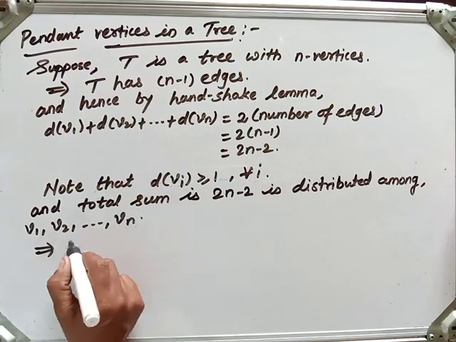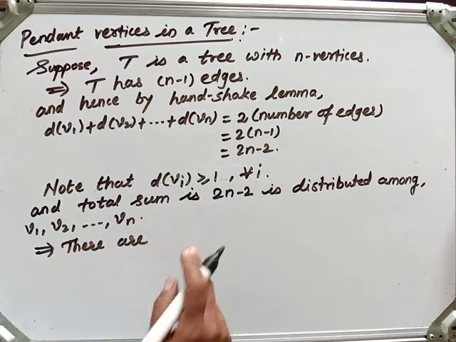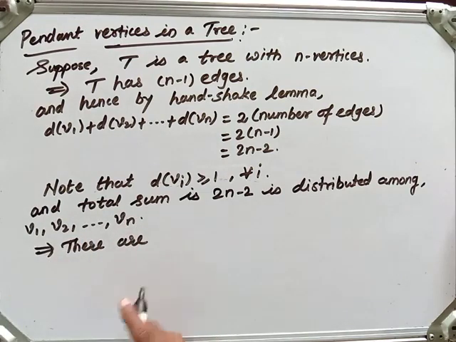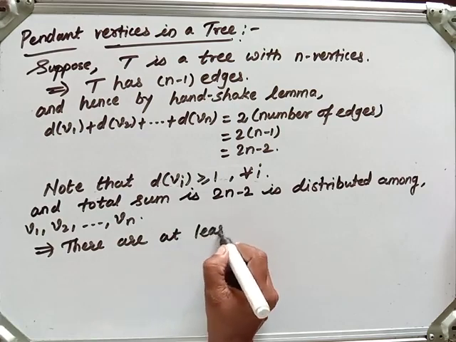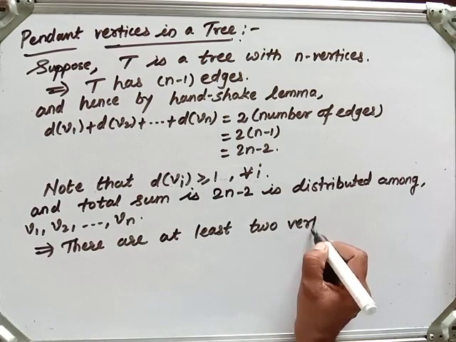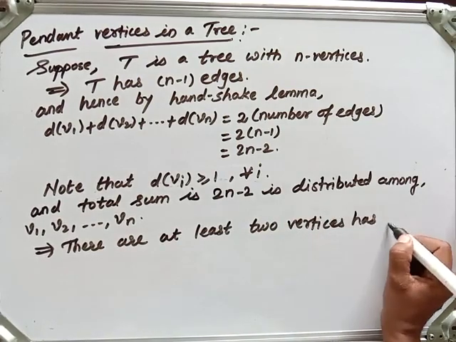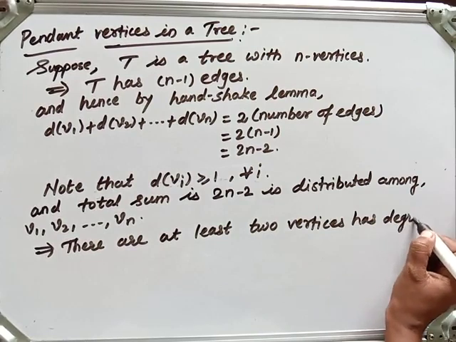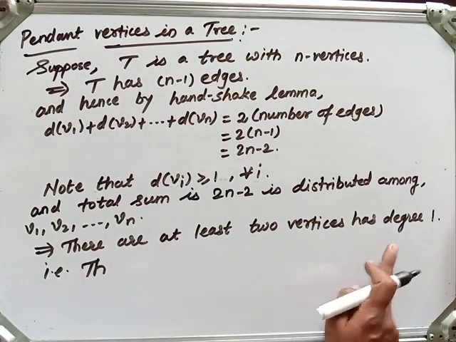So what does this give? If we distribute this among these vertices, then there are at least 2 vertices that have degree 1. Has degree what? 1. And degree 1 means what?